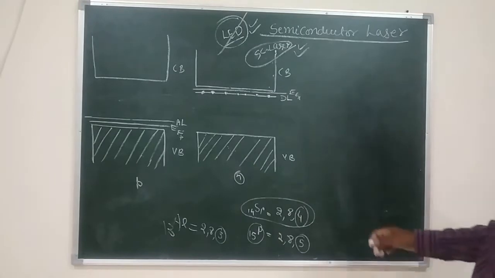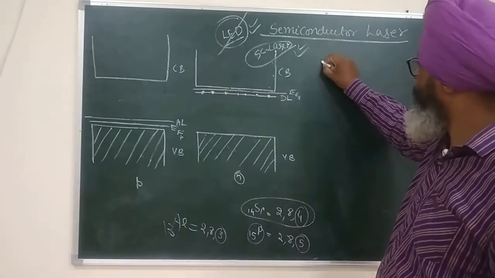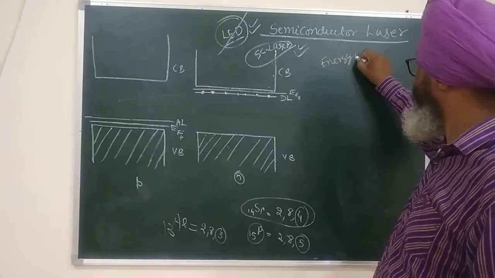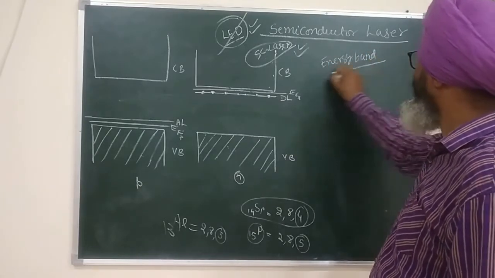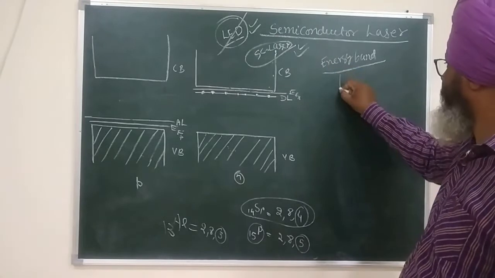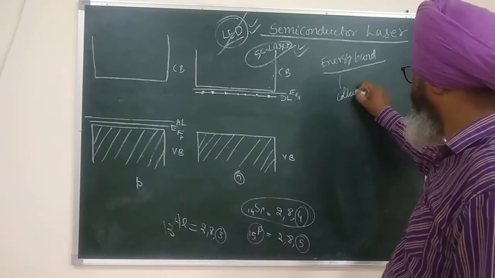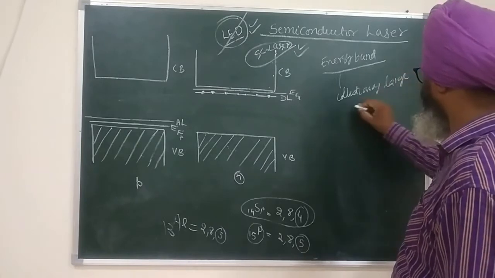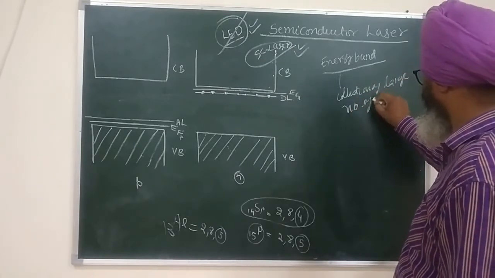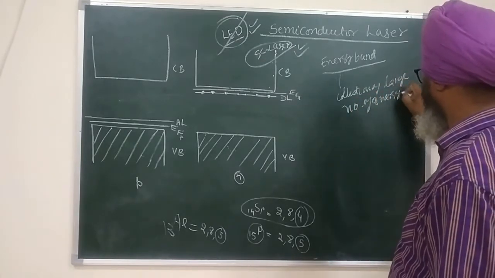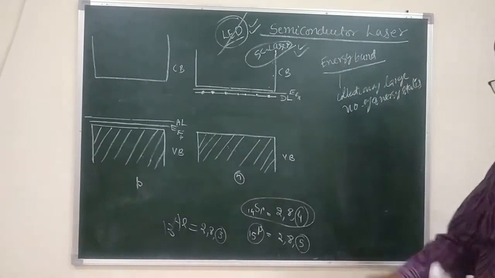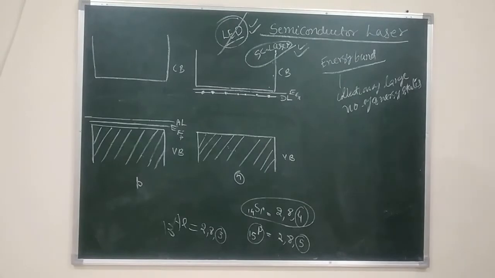For that we must remember the definition of energy band. An energy band is nothing but a collection of a large number of energy states whose energy values are very closely placed to each other.